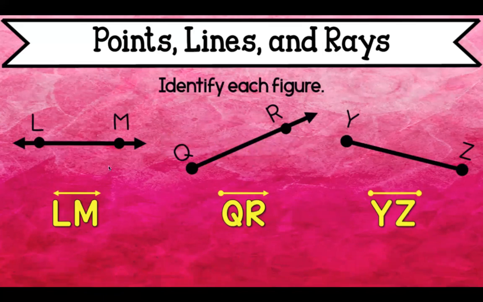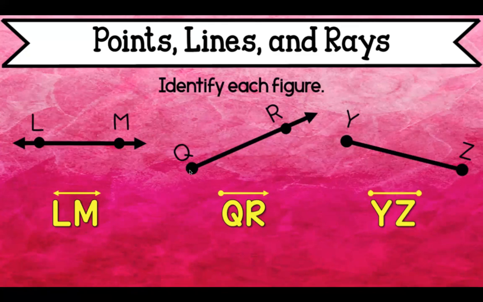We've got 3 examples here. This first one is LM. That would be called line LM because it goes on forever in both directions. Do we see that? LM. This QR would be called a ray because it has a point and then it goes on forever in one direction.